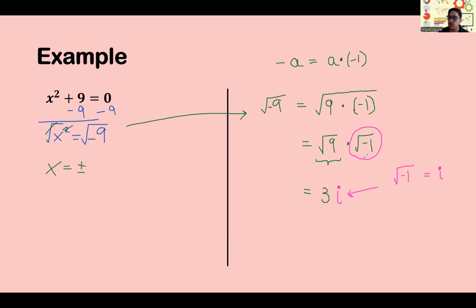So wherever we have that square root of -1, we're just going to plug an i into our solution, and there we go. So going back to the equation we're trying to solve, the square root of -9 is simply plus or minus, in this case because we applied the square root property, 3i, and that's it. Those are our two solutions.